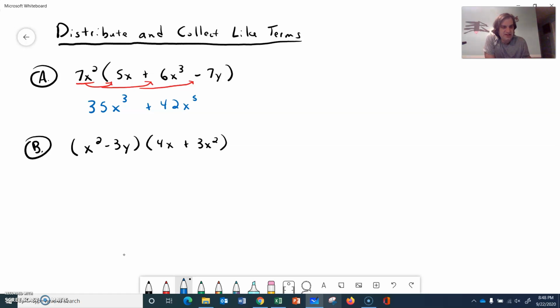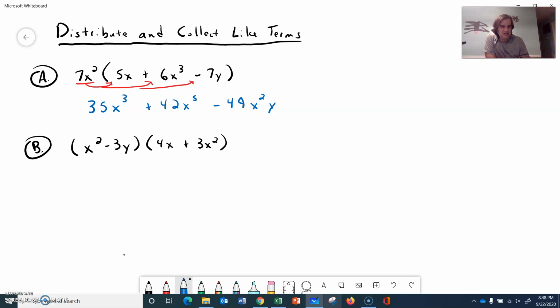And then 7x squared times a negative 7y. So 7 and negative 7 give us negative 49, but the x squared and the y are not alike, so it'll be negative 49x squared y.